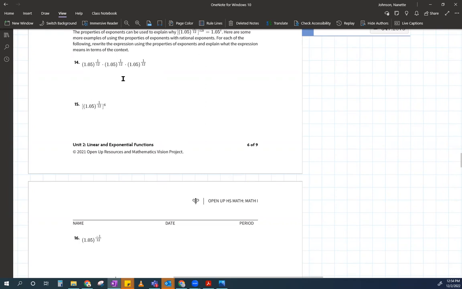So a problem like this back in 8th grade would look something like this, like x squared times x squared times x squared. So what I want you to do right now is figure out how you would do this back in 8th grade. I want you to take you back to your 8th grade self and then apply it to this right here.